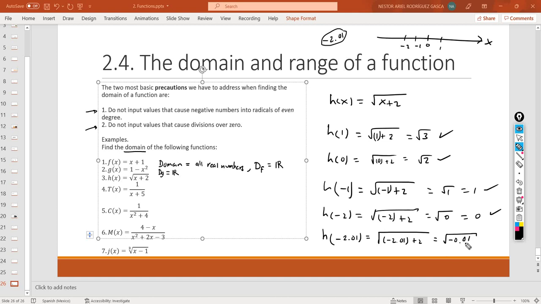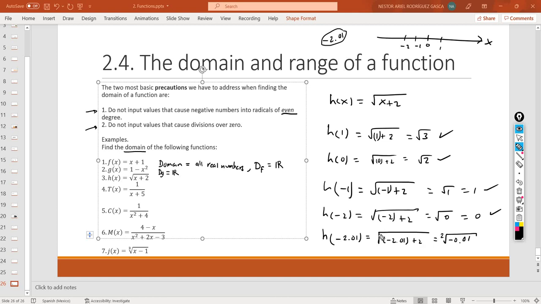We encountered a negative number inside a radical of even degree. Even degree, what does that mean? It means the index of the root. In this case, it's the number 2, but as you know, we always ignore it. You cannot calculate the square root of this number in mathematics at this moment.